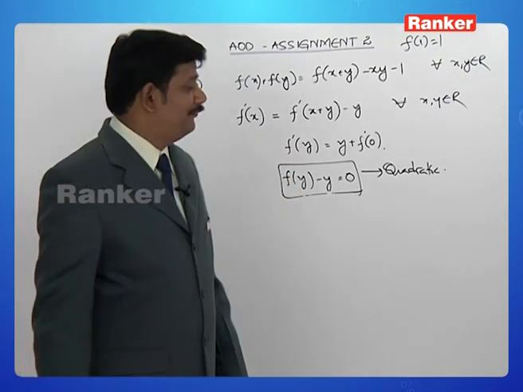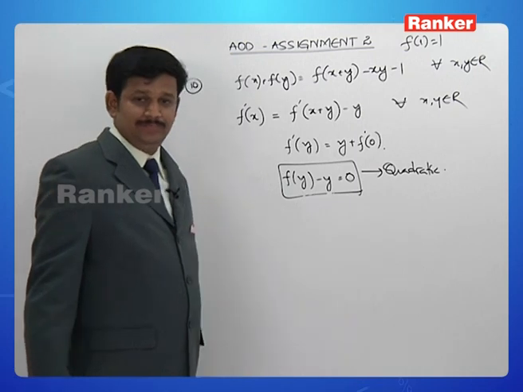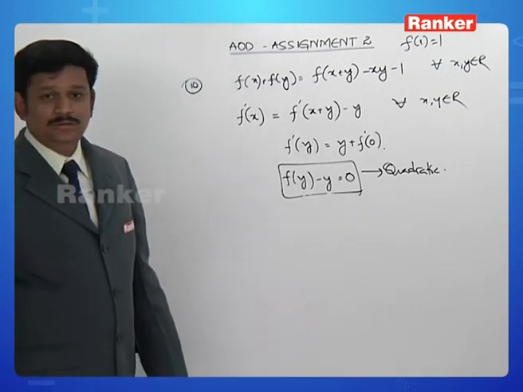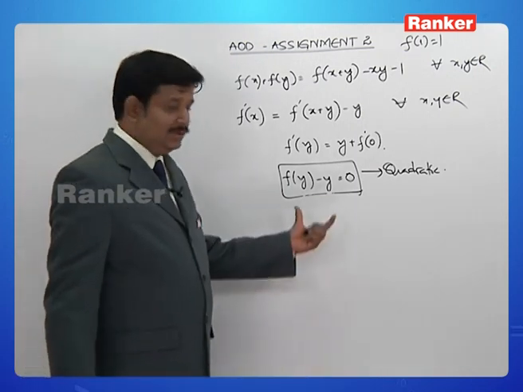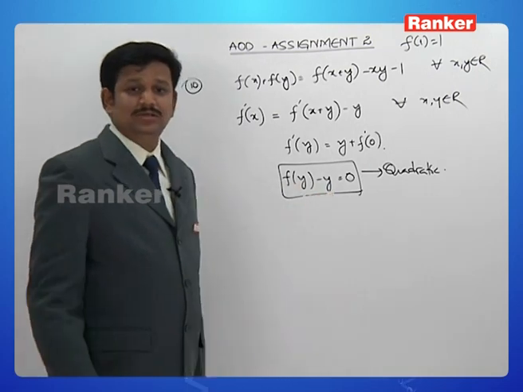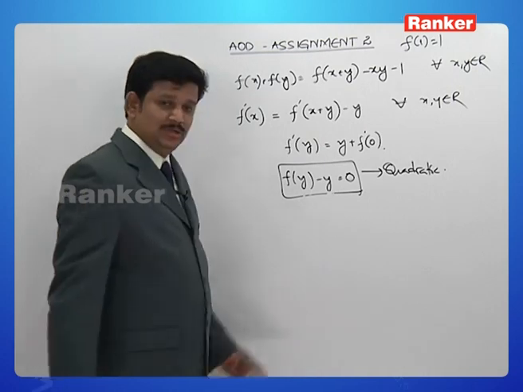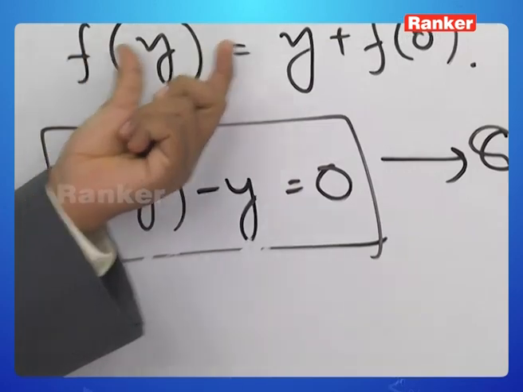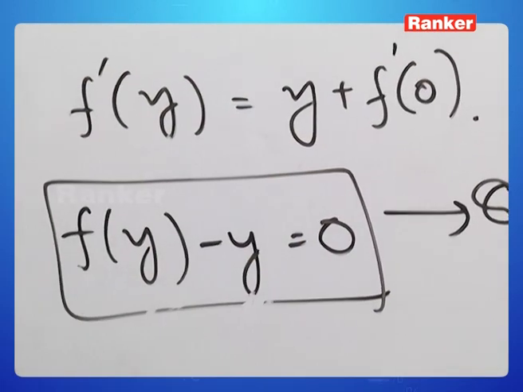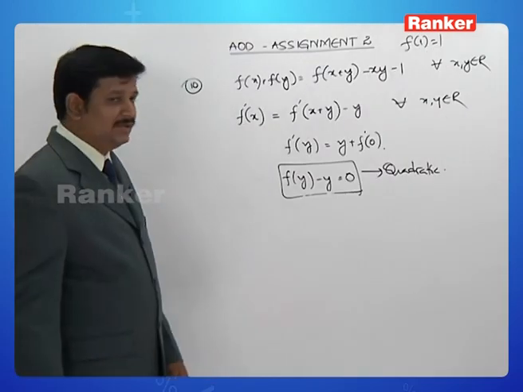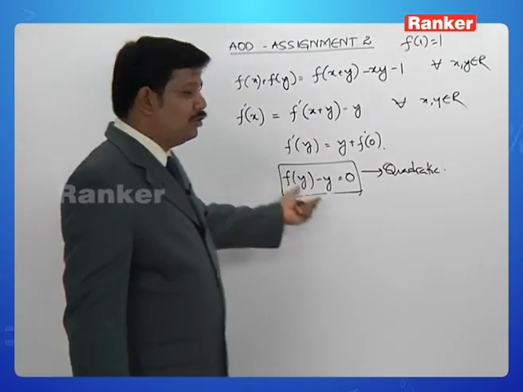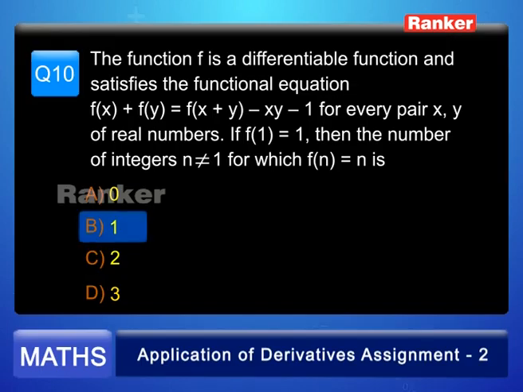So, we will have one more root for the equation f of n minus n is equal to 0. We can simply integrate and also find out, but from the logic of f dash y being linear and f of y minus y being a quadratic, directly we can say this will have one more root other than 1. So, the answer is option B.